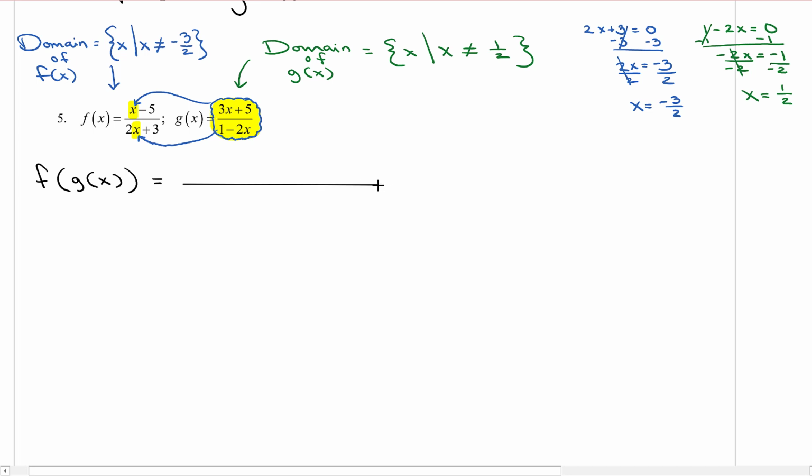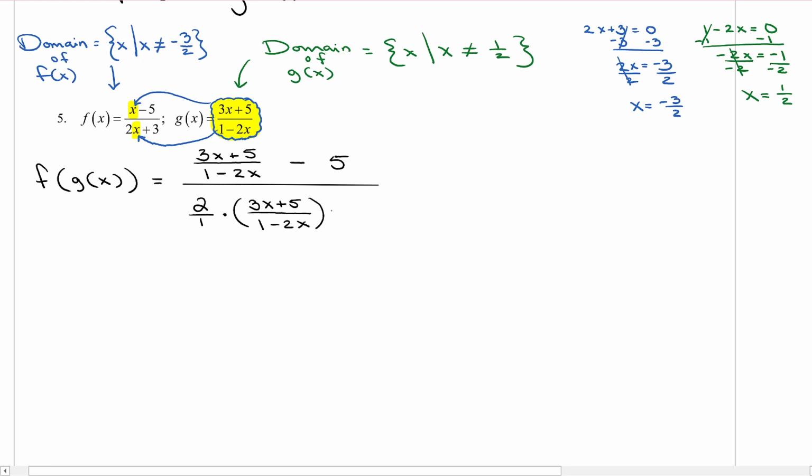This problem's going to be a little bit more work, because we're going to end up with what's called a complex fraction. And we're going to have to simplify this. But thankfully, we already know how to simplify complex fractions, right? We better know how to do that, right? If we're doing these type of problems. I'm going to use a method for simplifying this complex fraction.